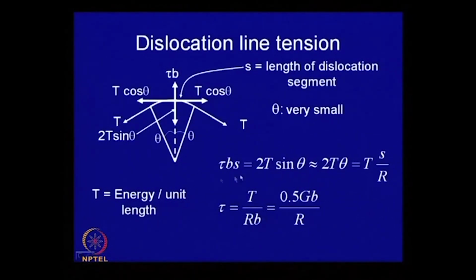We know that the line tension for a dislocation is approximately 0.5 G b square. So, we can say that tau is equal to half G b over R.